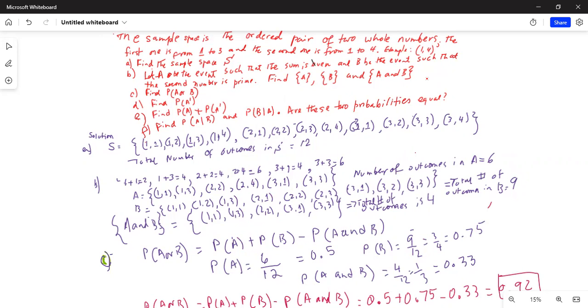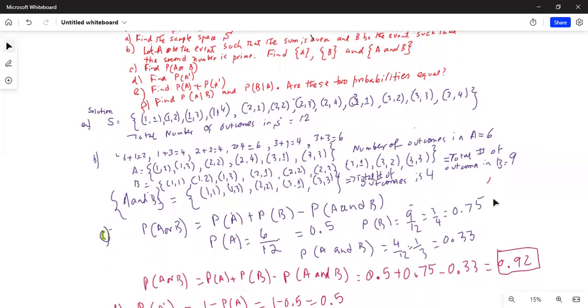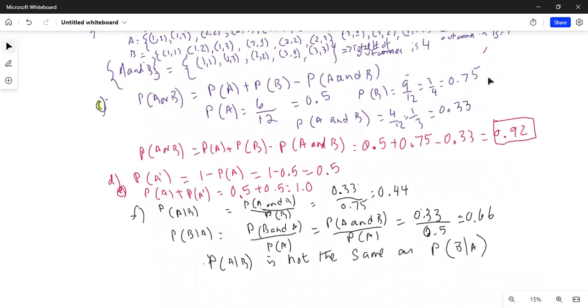Okay, so I will move up and you can see that probability of A given B is not the same as probability of B given A. Why? Because probability of A is not equal to probability of B. Probability of A is 0.5, whereas probability of B is 0.75. Now, I want to make one thing clear.